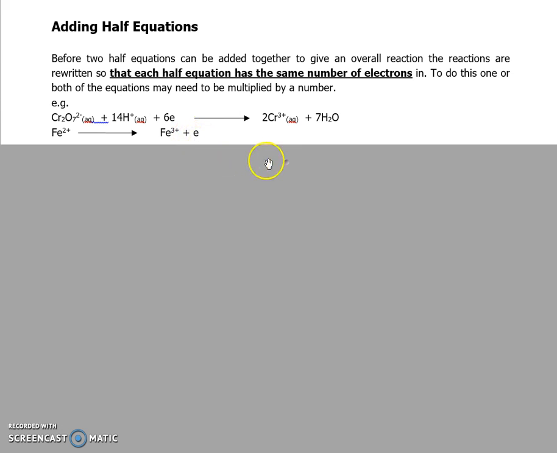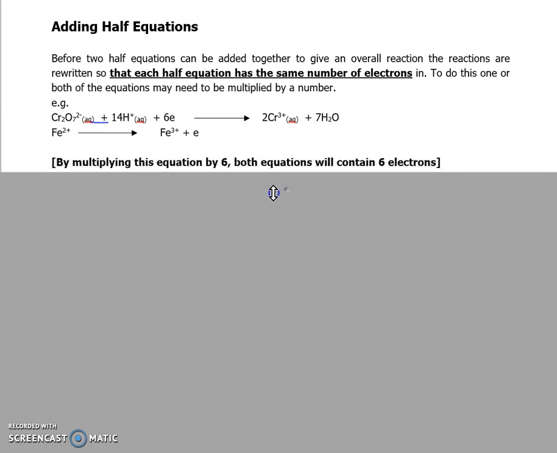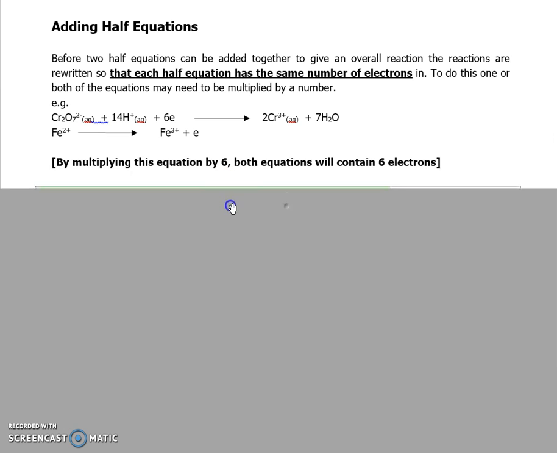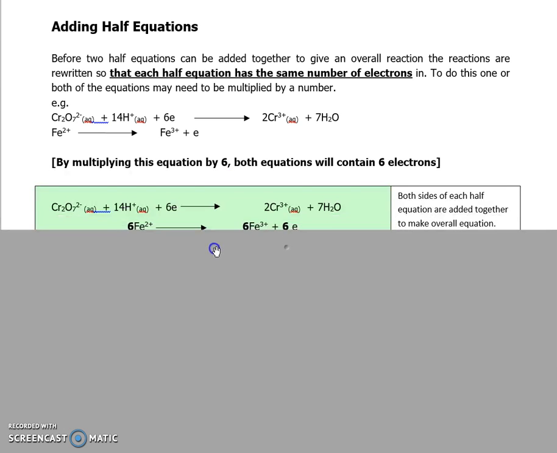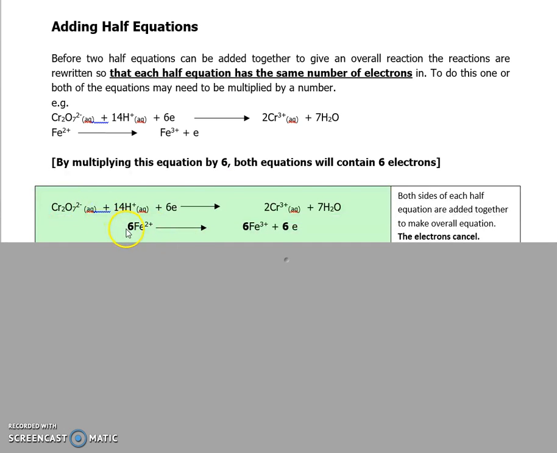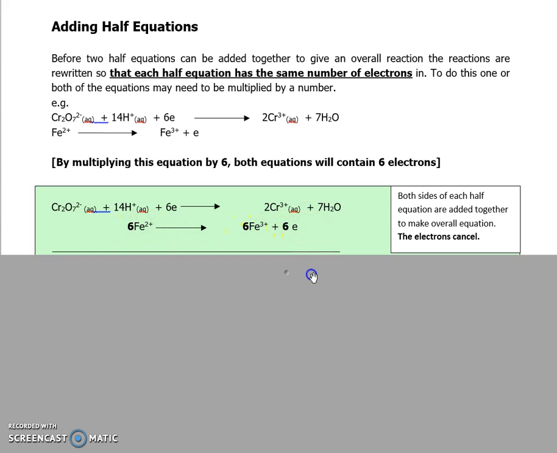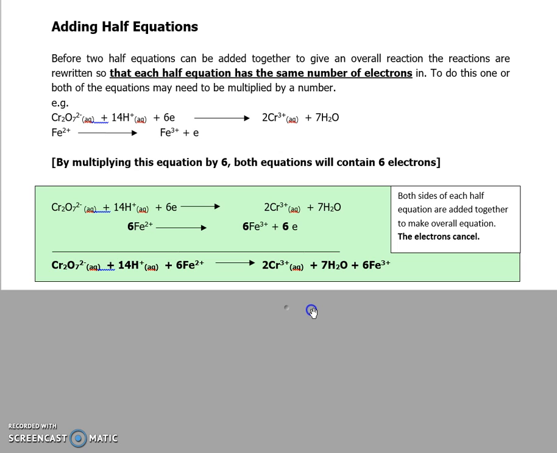So, to give us an equal number of electrons in both equations, we must multiply the bottom equation by 6. That gives us 6Fe2+ gives 6Fe3+ plus 6 electrons. When we add the 2 equations together, the electrons cancel down. Then you look to see if any of the terms can cancel down. In this case, they do not.